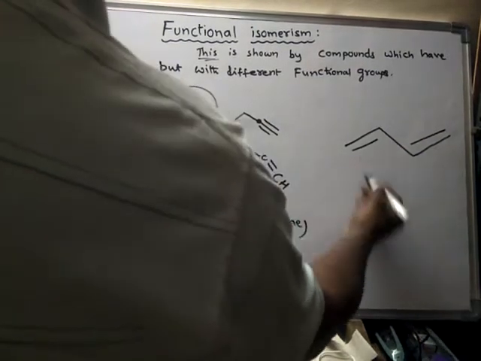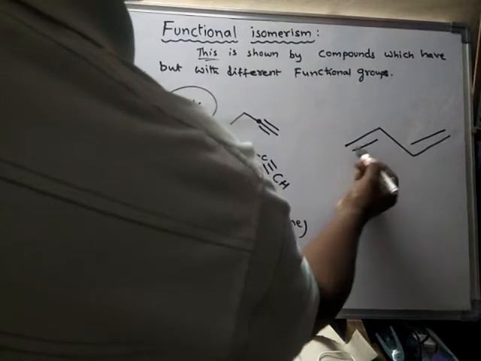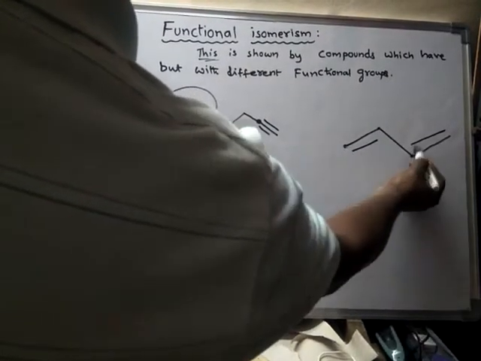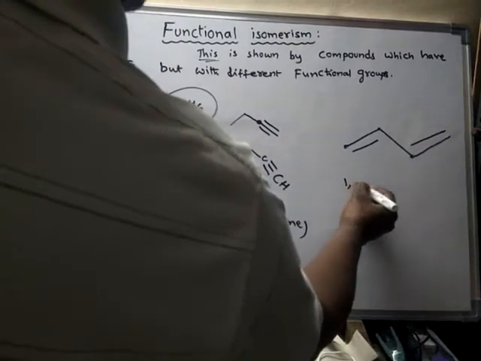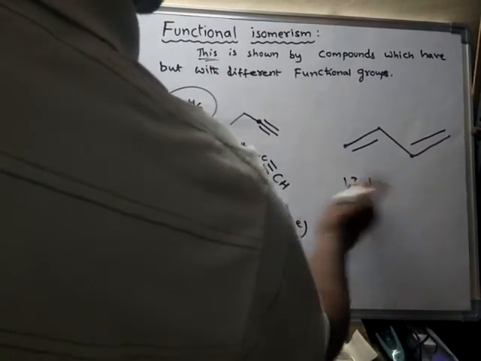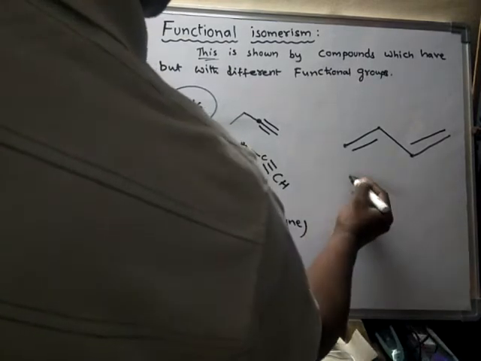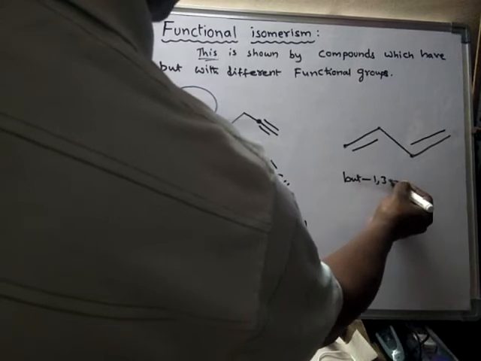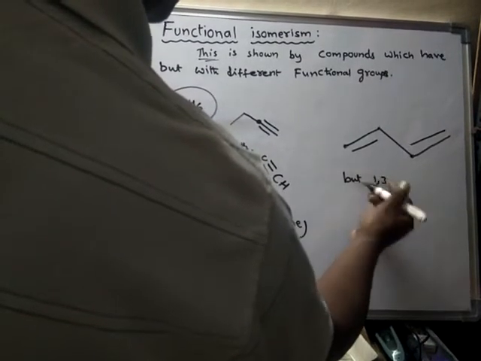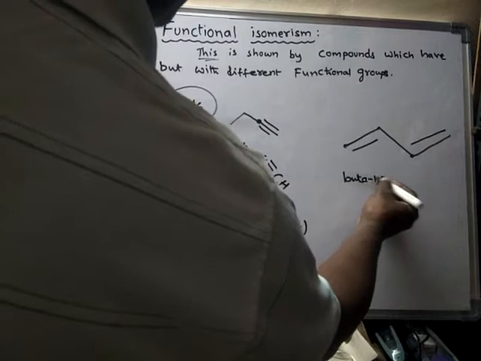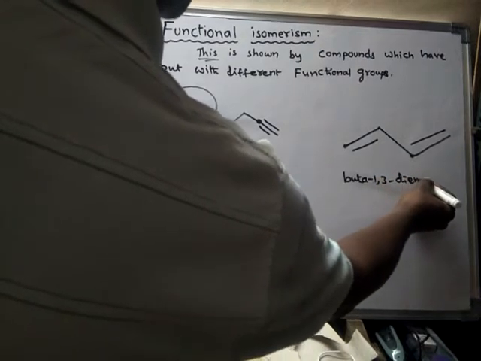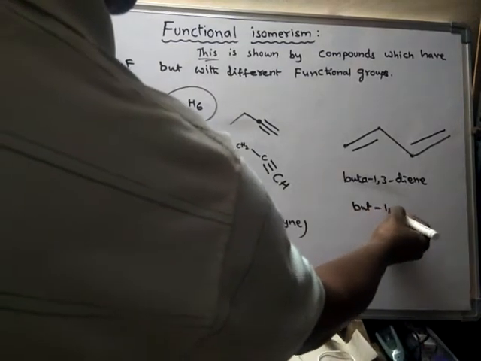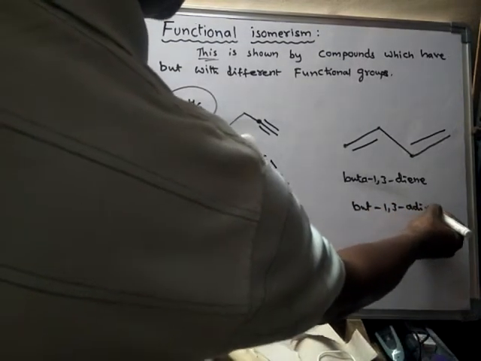What is the name of this compound? Here in butene, on the first carbon and on the third carbon there is a double bond. So 1, 3, sorry, you have to write like this. IUPAC name: buta-1,3-diene, or else we may write buta-1,3-diene like this also.